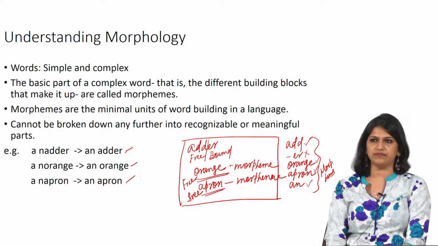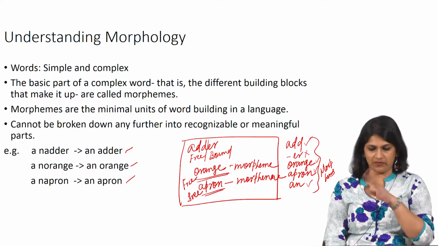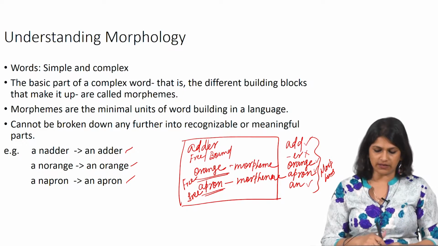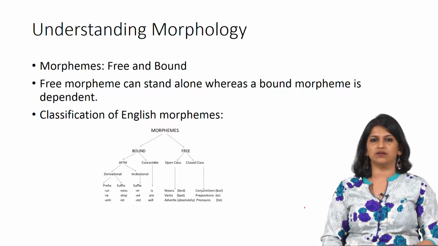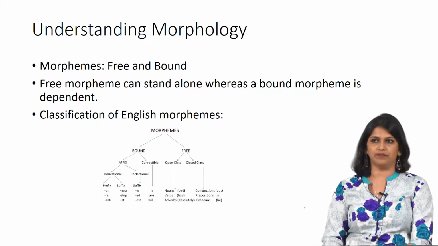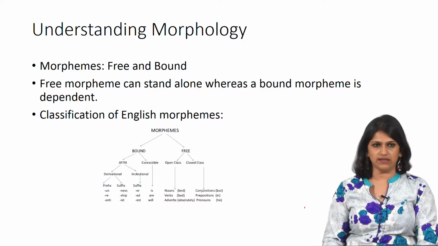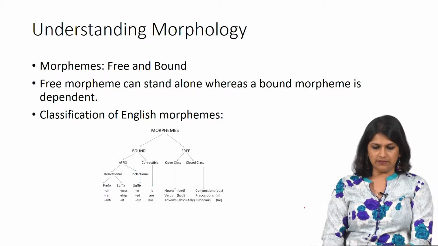So, all words are morphemes, but not all morphemes are words. That is the general conclusion that we should understand when we do the analysis of these words on the basis of the free morpheme and the bound morpheme that they have.